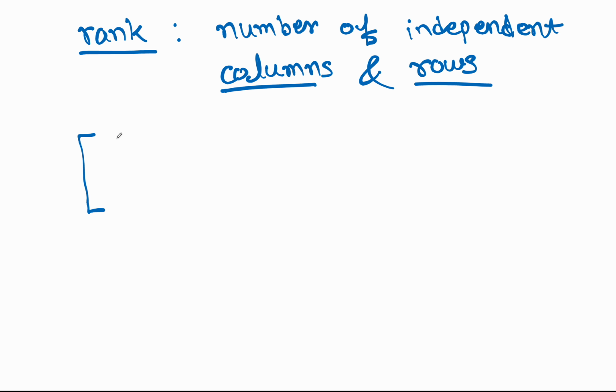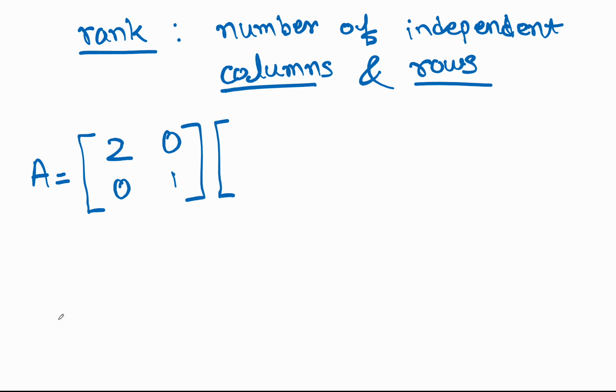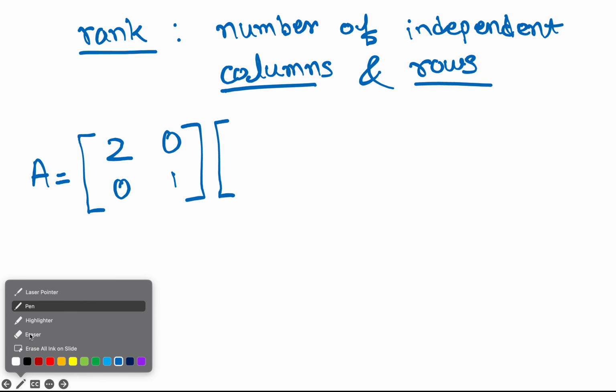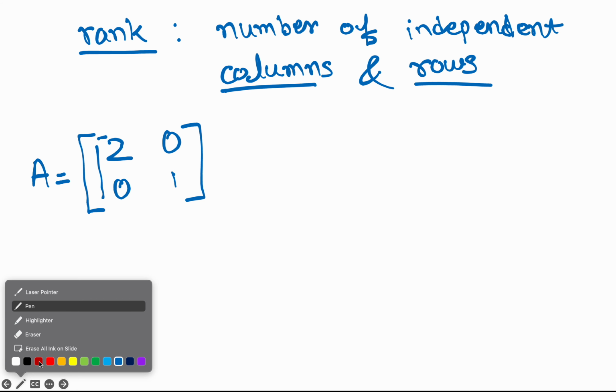So let's say I will take the very simple example 1 0 0 1. This is the identity matrix, and let's call this matrix A, or to avoid the exact identity matrix, I will just give some other value here, 2. So this is A, and you can see that it has 2 columns.